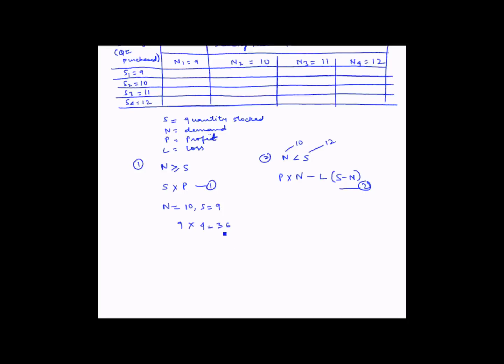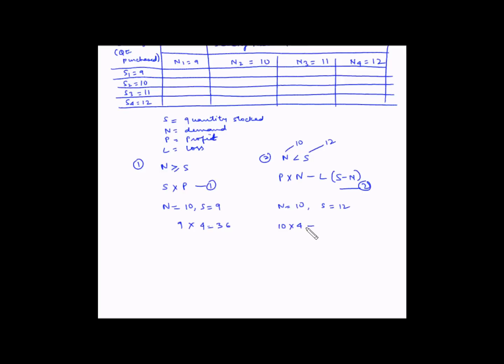Now for the second scenario, let's take N is equal to 10 and S is equal to 12. That is, we have stocked 12 and the demand is for 10. So in this scenario, we'll be able to sell whatever is the demand, that is 10. So 10 multiplied by the profit. Profit is 4. So 4 minus.